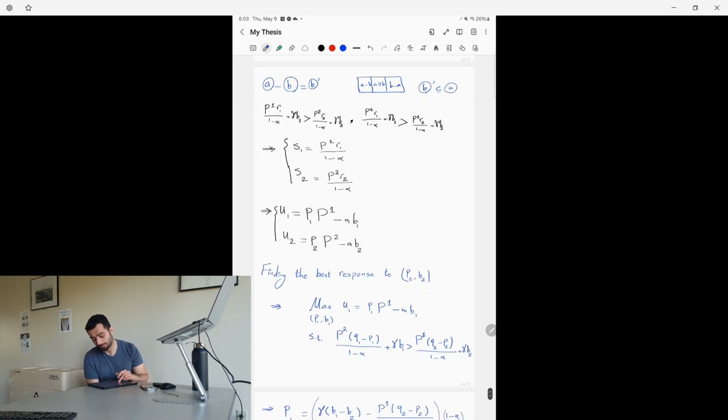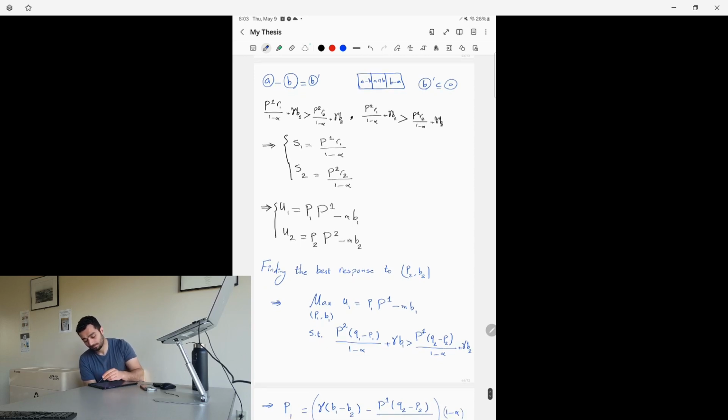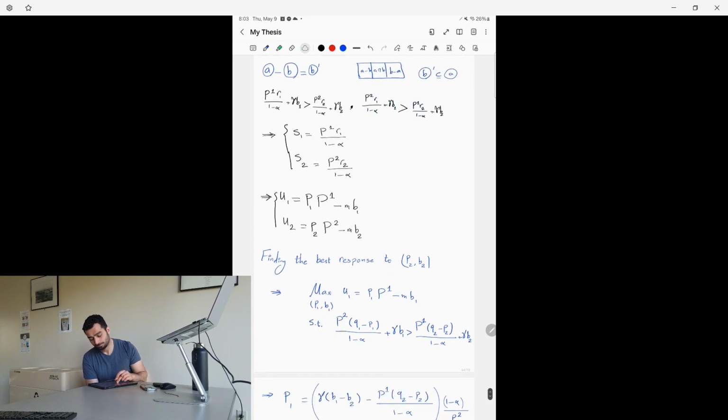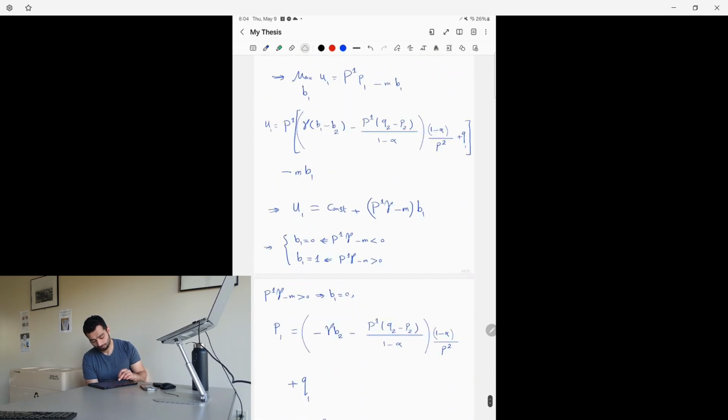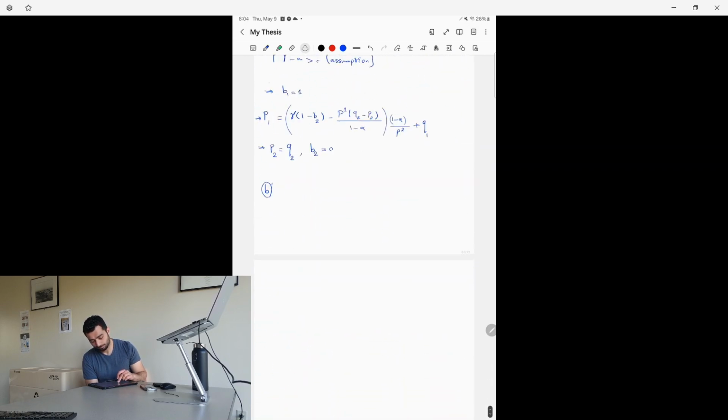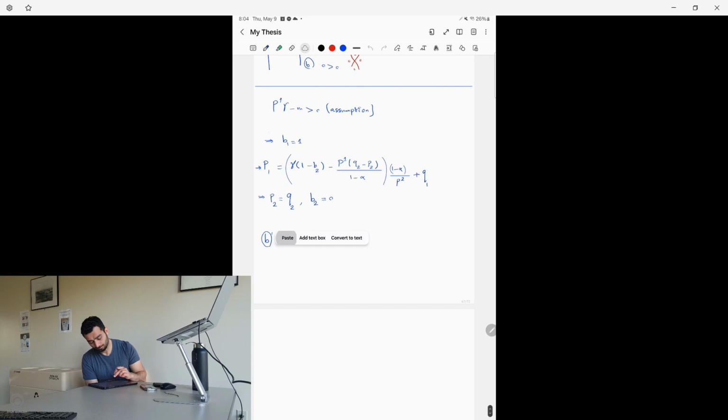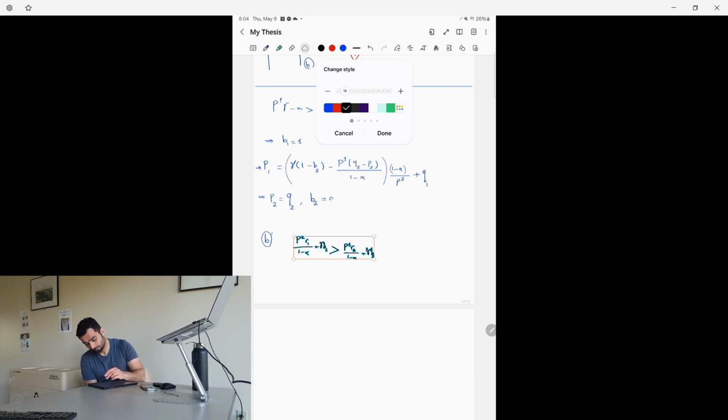This is the constraint we need to check. Right?